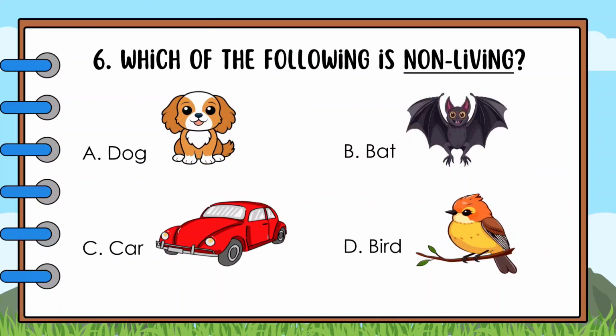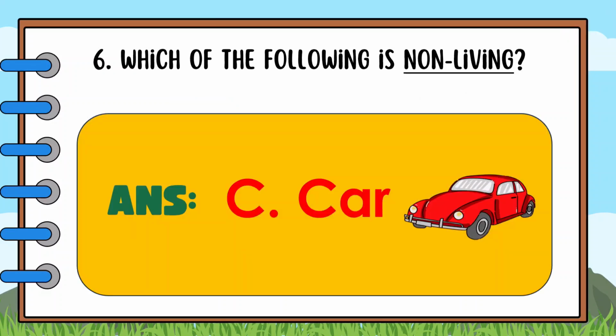Which of the following is non-living things? A. Dog, B. Bat, C. Car, D. Bird. The answer is C. Car.